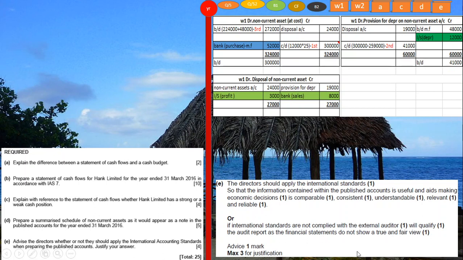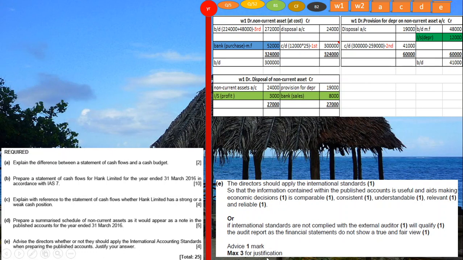Qualify it as not a true and fair view means he will indicate that the accounting standard has not been followed, which means the decisions taken from the information derived from the financial statements could be misleading, which could have an impact on the users of financial statements. So that's a very important issue out here.